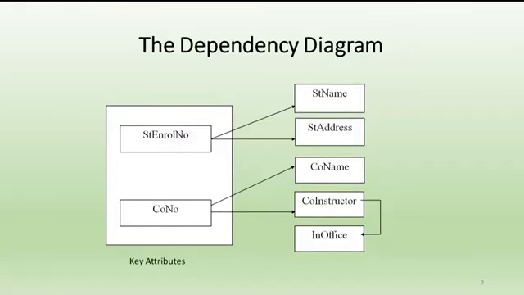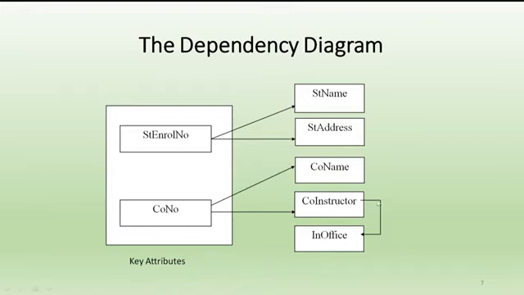So how do we represent these functional dependencies? We represent them with the help of a diagram. So this is the dependency diagram, what you see on the screen, right? We have the key attributes, the enrollment number and the course number. The enrollment number is determining the student name, as I explained to you, and so is the student address, and course number is determining the course name as well as course instructor.